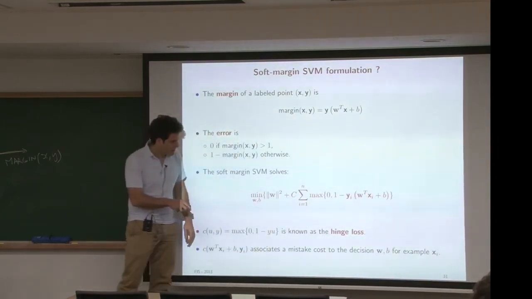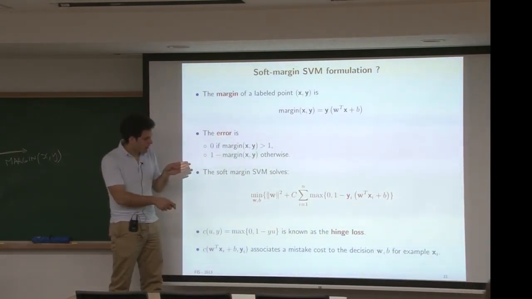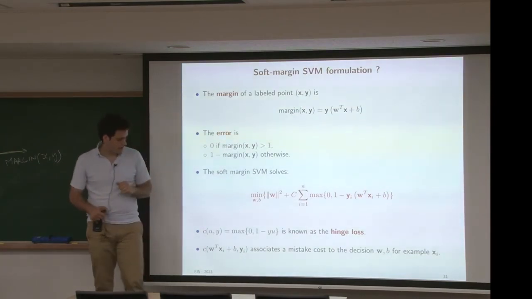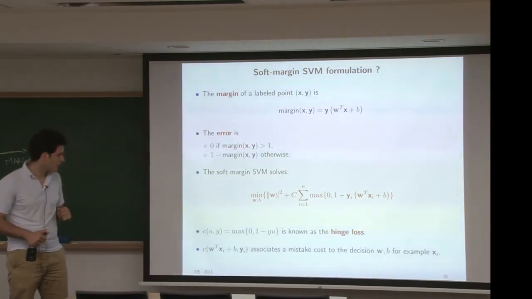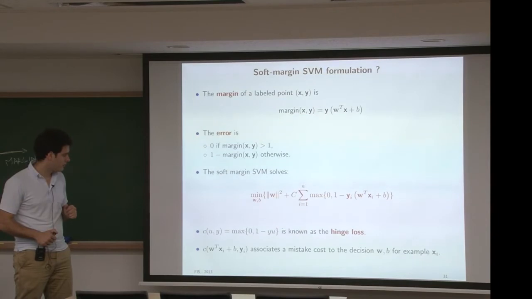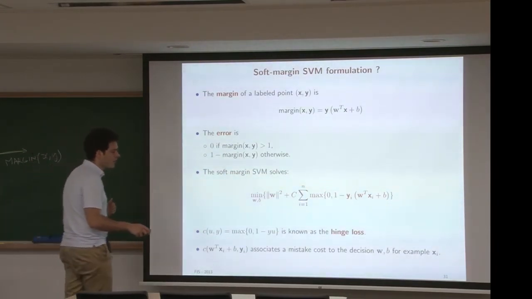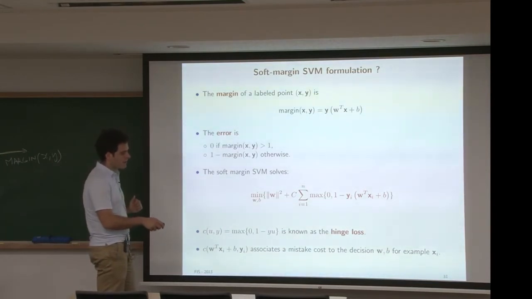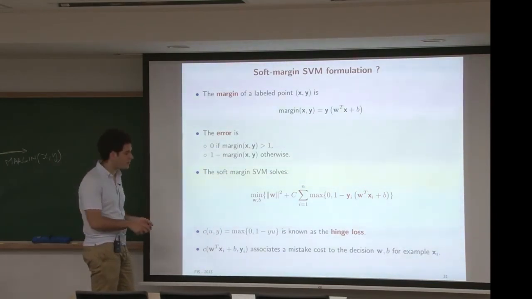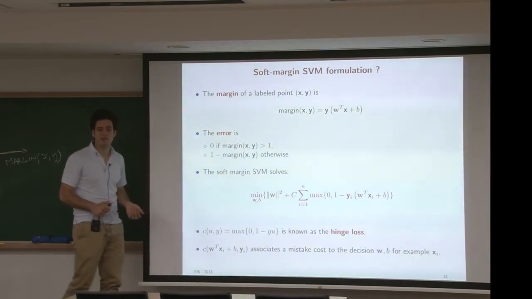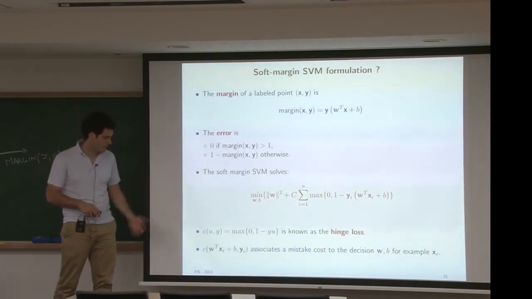But then as this goes below 1, we want this to be bigger than 1. So if this becomes smaller than 1, or even if this becomes negative, then this will become very positive. And so this will definitely incur a price in terms of our classifier W. Okay?